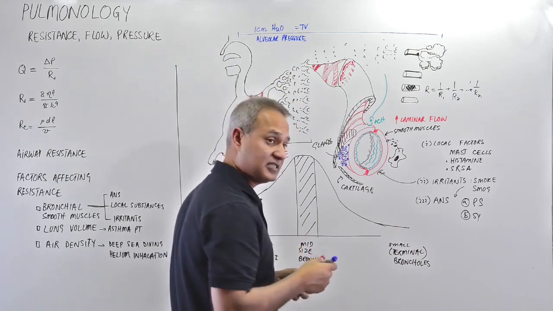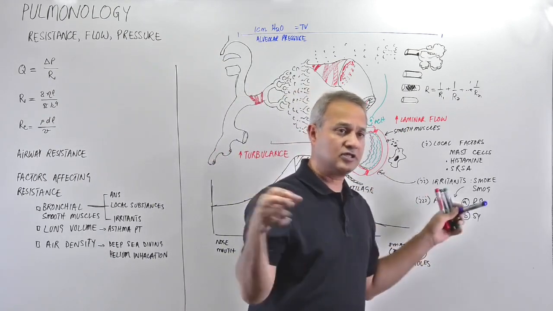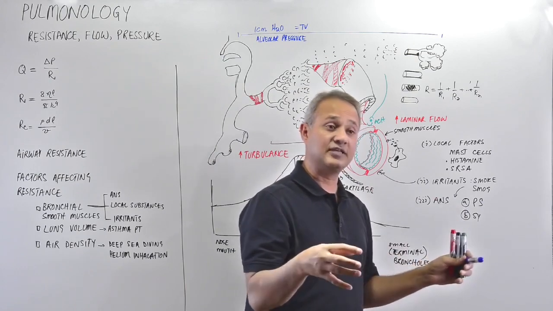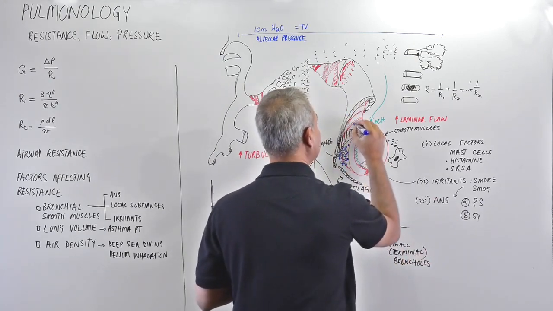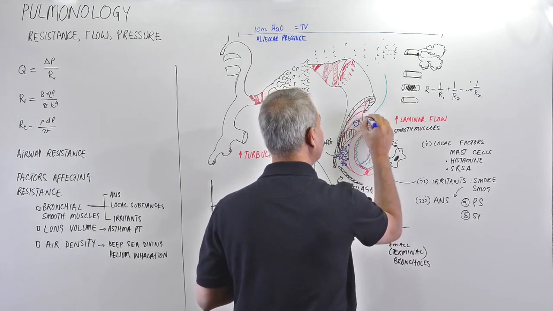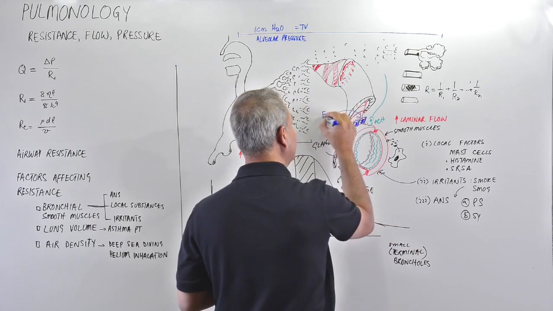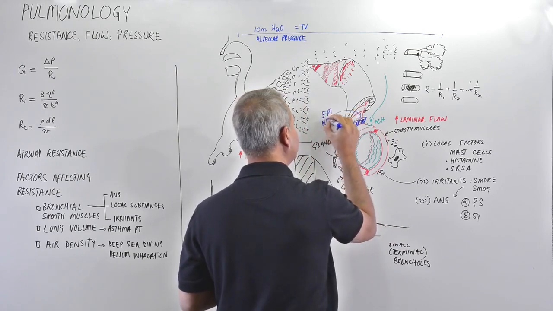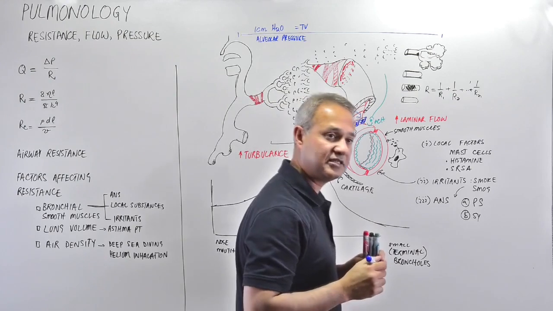Similarly, the sympathetic system doesn't have lots of nerves penetrating the parenchyma. However, the muscles here have receptors for epinephrine and norepinephrine, which are sympathetic chemical substances.